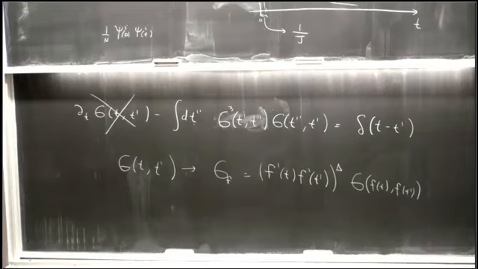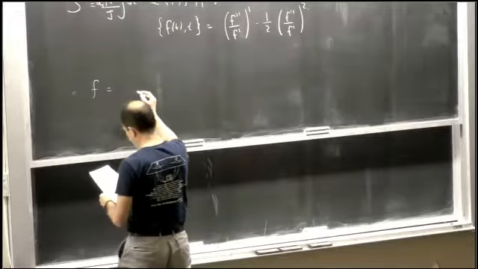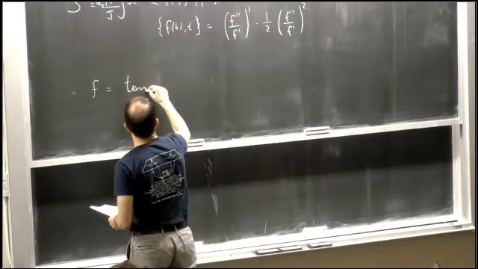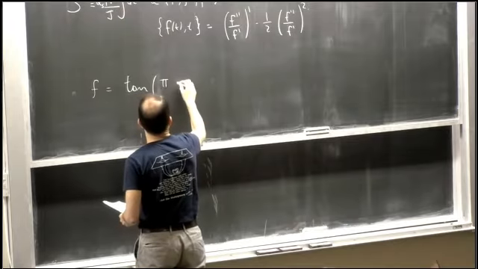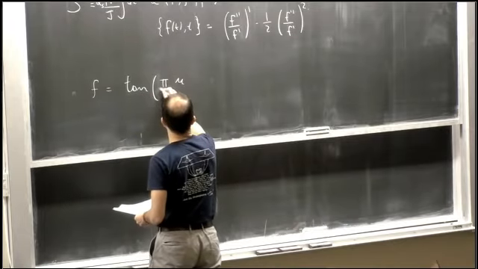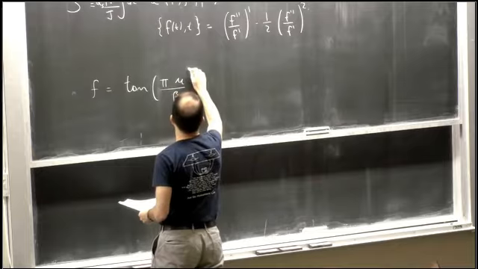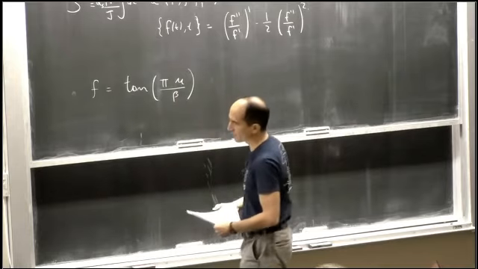So that's like mapping the line to a circle, and so that is achieved if we take f, which is tangent of pi, I'm going to denote the physical time by u, over beta. Okay, so u is the physical time of the quantum mechanics.